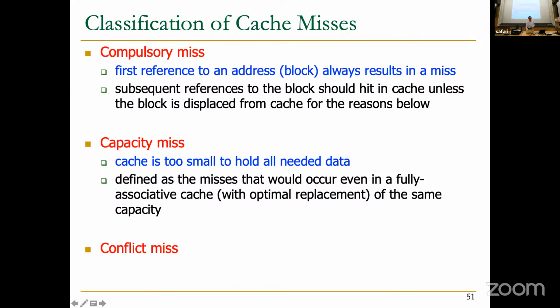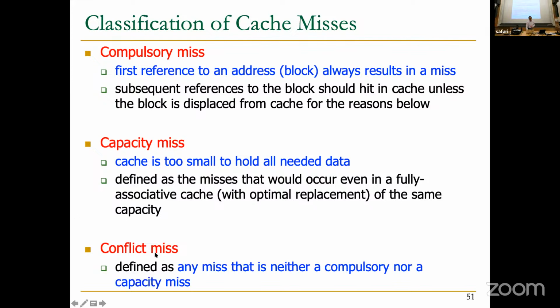But basically, this is a valid definition that doesn't incur the conflict miss in it. Defined as the misses that would occur even in a fully associative cache with optimal replacement of the same capacity. Basically, you do whatever you do, you don't have a conflict miss, and you still get a miss that's a capacity miss. And conflict miss can be defined this way. By the way, this is not a circular definition.